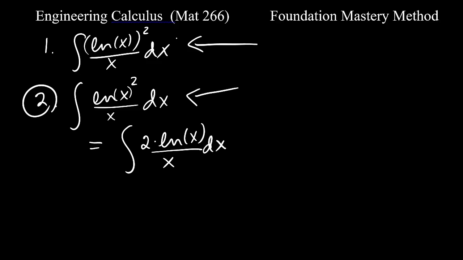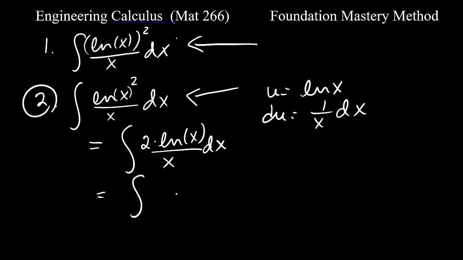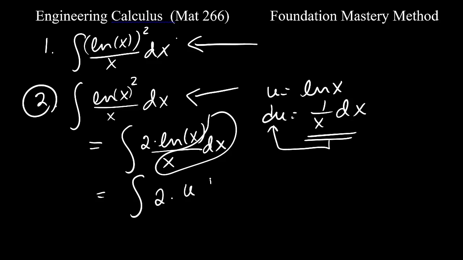So now we're ready to do a substitution. We'll let u equal ln of x, then du will be 1 over x dx. So our problem then becomes, making the substitution, 2 times, and instead of ln of x, we replace this with u, and what we have remaining, 1 over x dx, is actually identical to du.